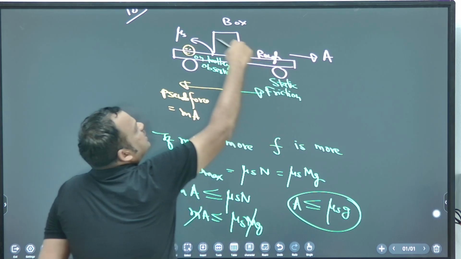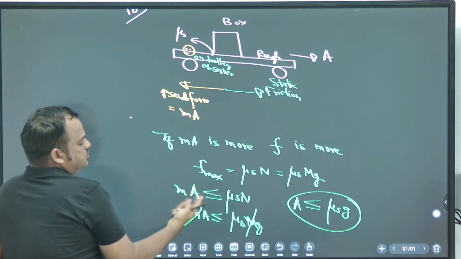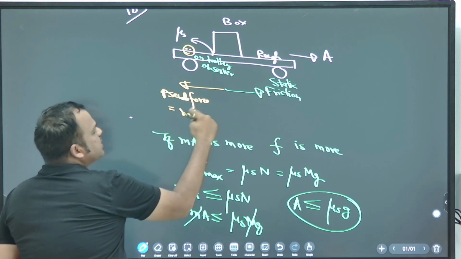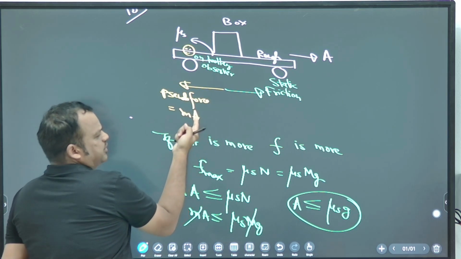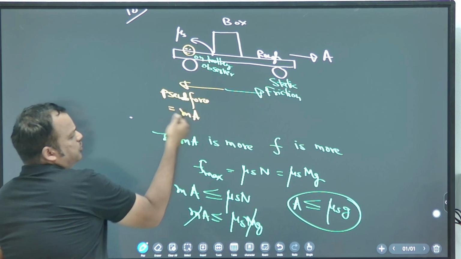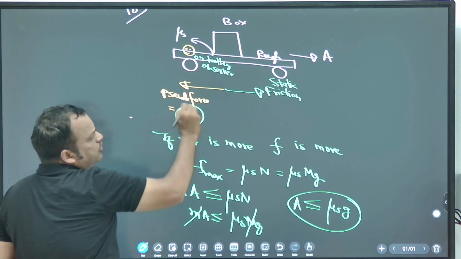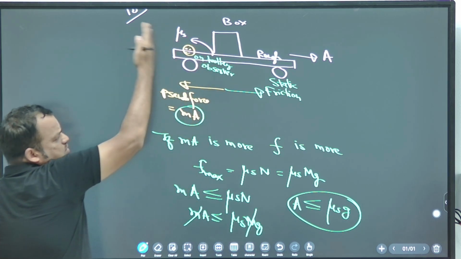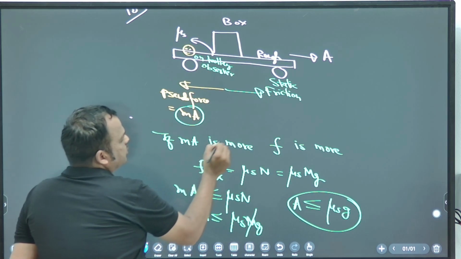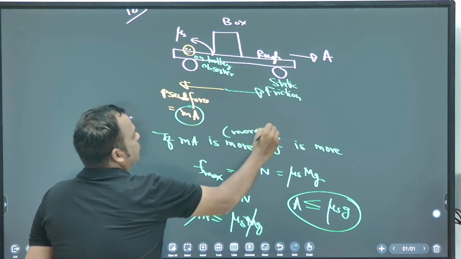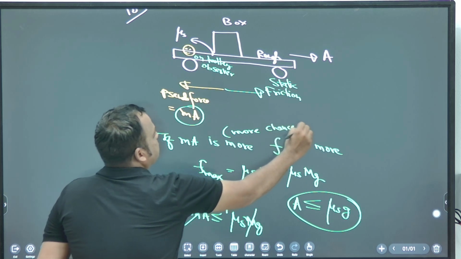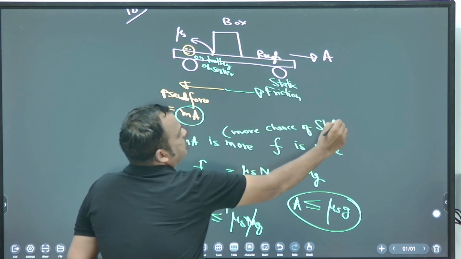See, acceleration of the trolley is to the right side, so pseudo force is left side, Ma. So more acceleration means, suppose acceleration is 1 meter per second square, 2, 3 meter per second square, more value means Ma will be more. So chance of sliding is more, correct?